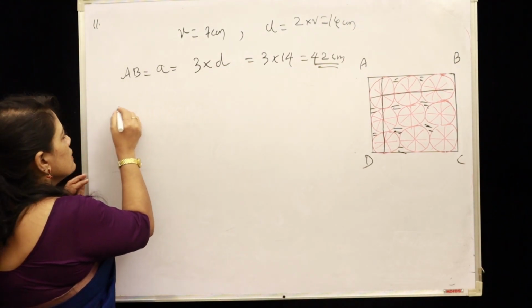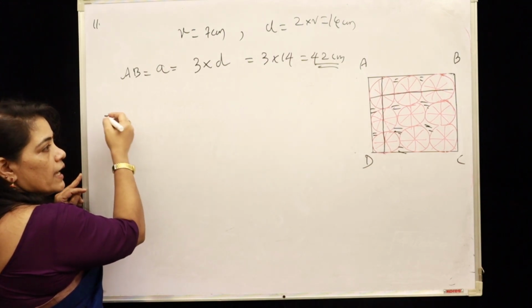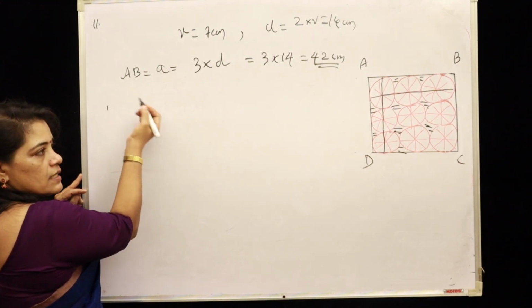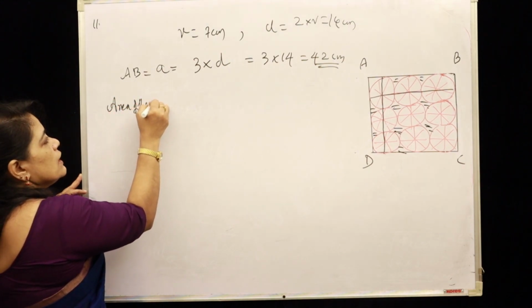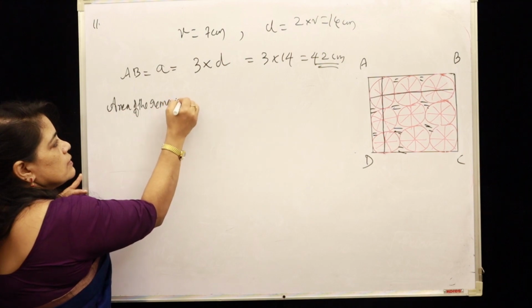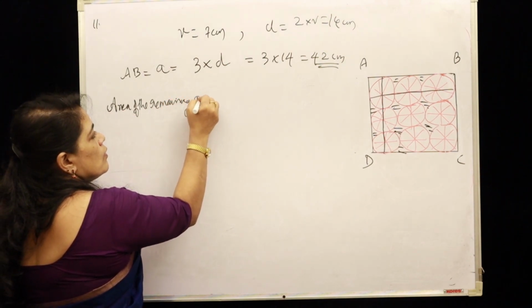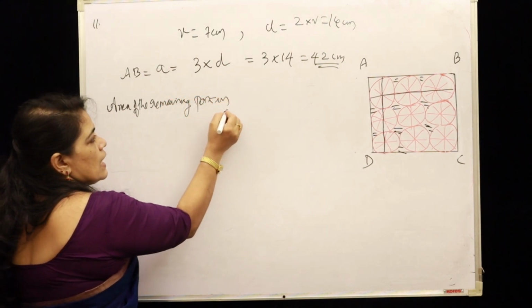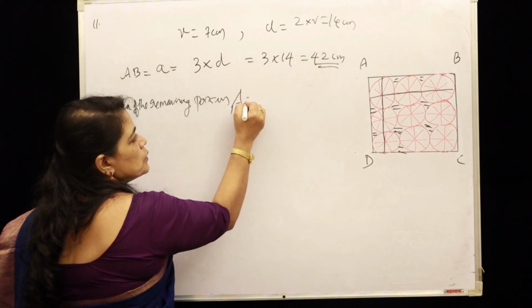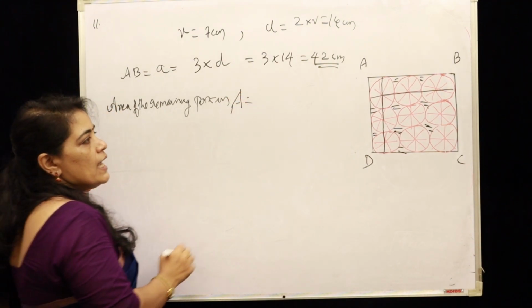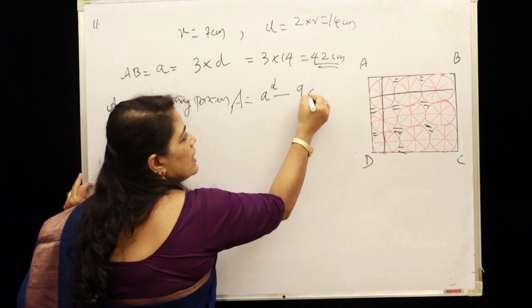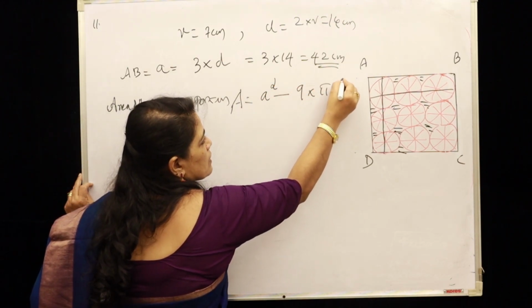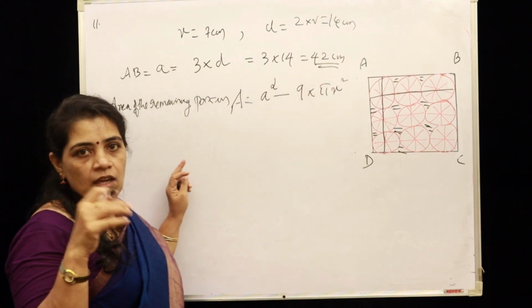We are writing the equation for the area of the shaded region, that is the remaining portion. Area of the remaining portion A is equal to area of the square minus 9 into pi r square, each circle having the same radius.